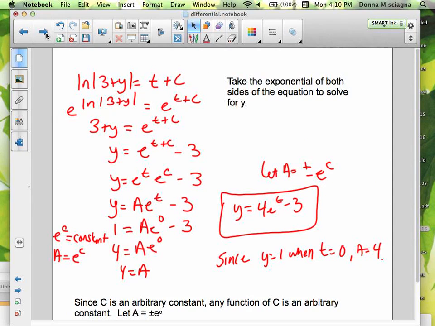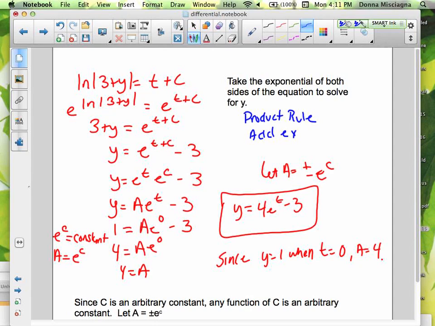Right? So now we're going to alter this just a little bit. I'm going to separate these, right? I can do that because this is just the product rule, you just add exponents to multiply like bases raised to a power.